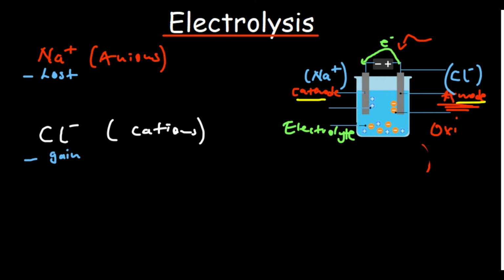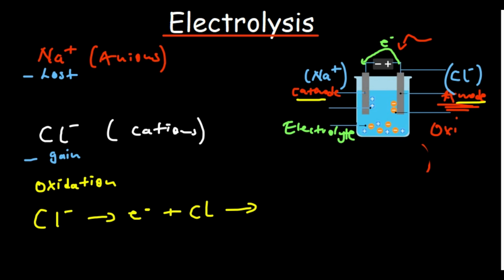For oxidation, we have the negatively charged ion, in this case chloride, which donates an electron and goes back to its natural form. Because many chlorine atoms form on that electrode, and chlorine naturally exists diatomically, each reacts with another to form chlorine gas.